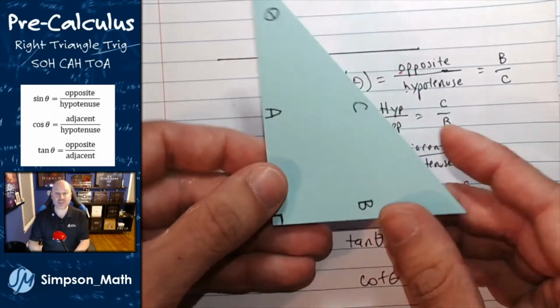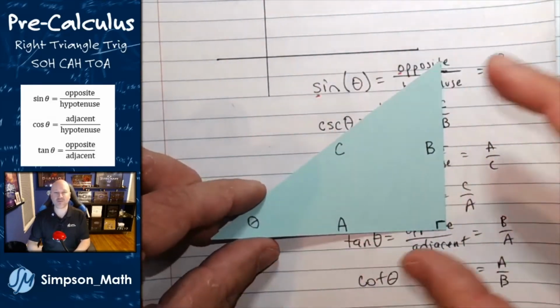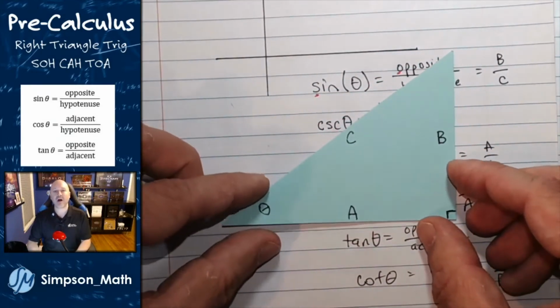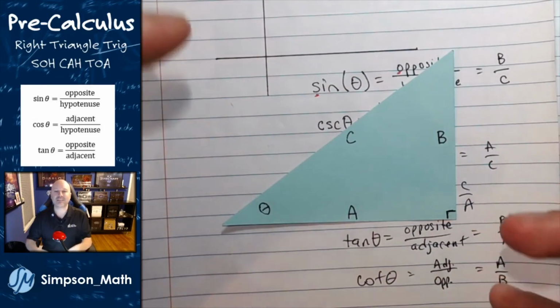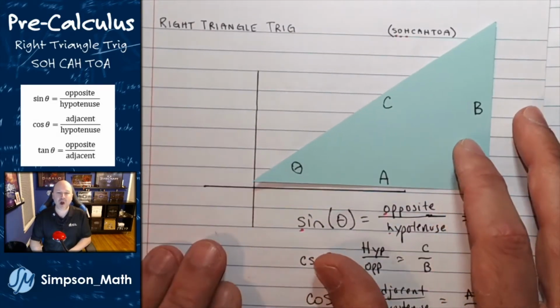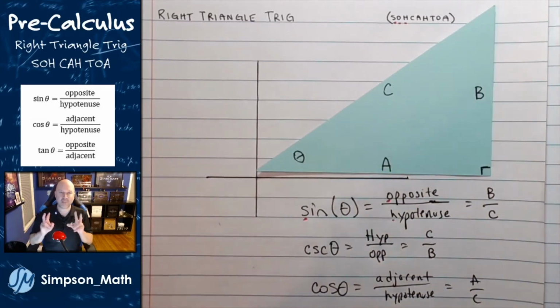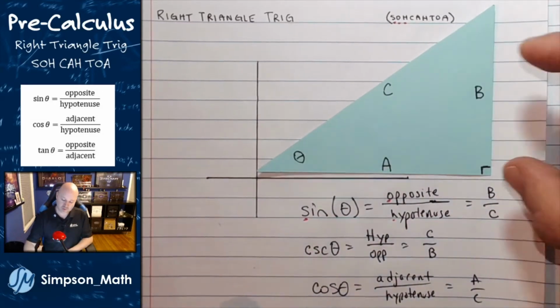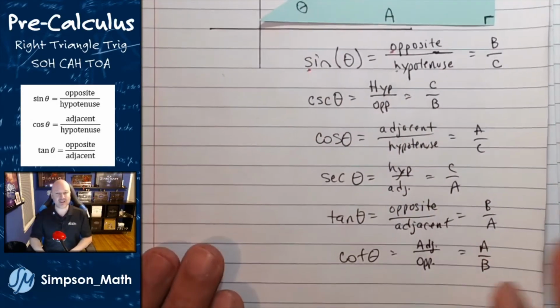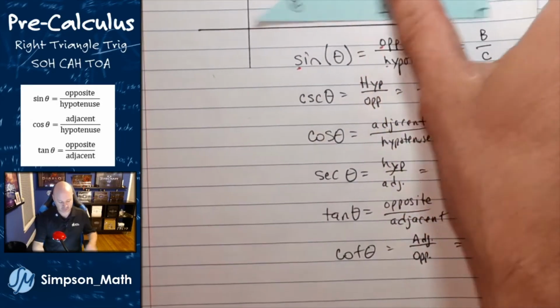So if I'm measuring trees, if I'm measuring the width of a river, if I'm doing some sort of construction project, we're talking about positive numbers. So these are always going to be triangles that are in quadrant 1 when they're put in that standard position. So the y's and the x's and the r's are all positive.